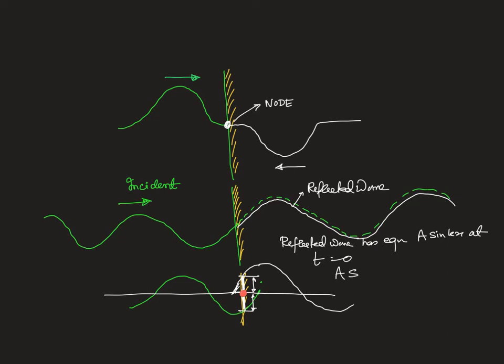Therefore the equation of the reflected wave will be a sin k, and in place of x you have to write x plus vt. If it moves towards the left with a speed v, then it is a function of x plus vt. So that is a sin(kx plus omega t).